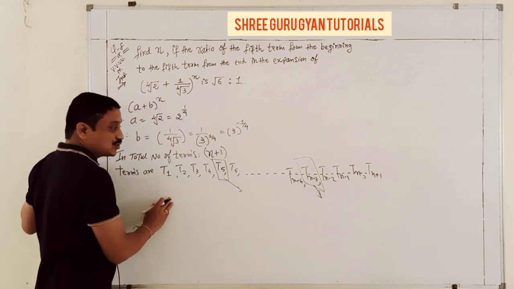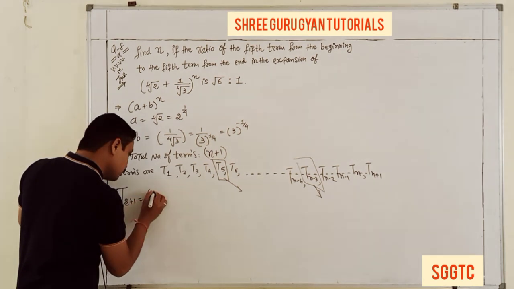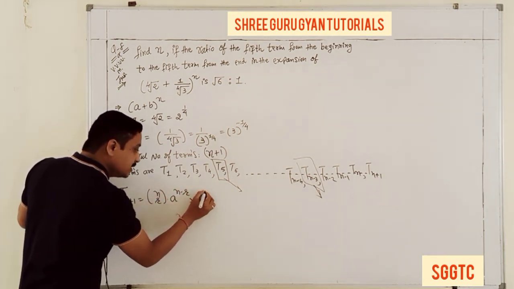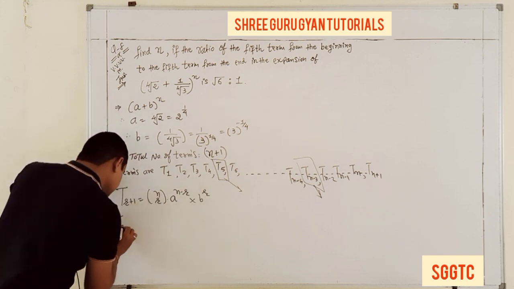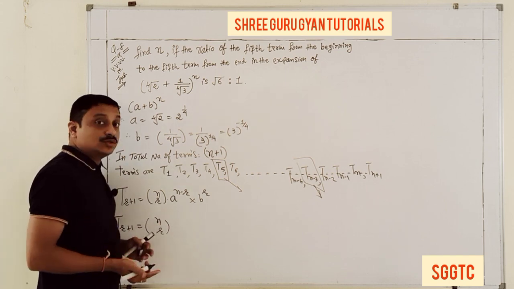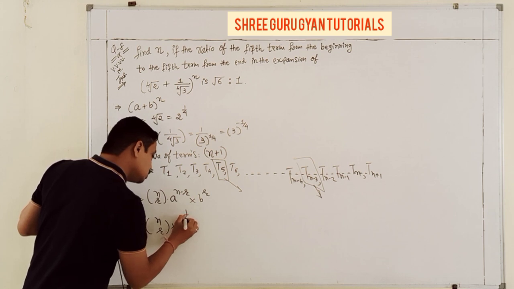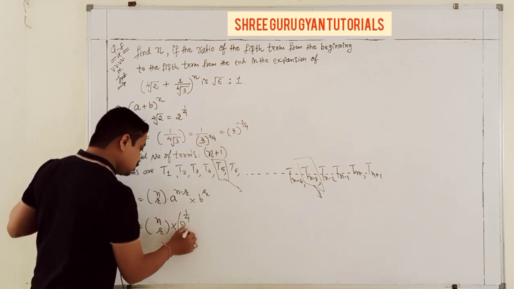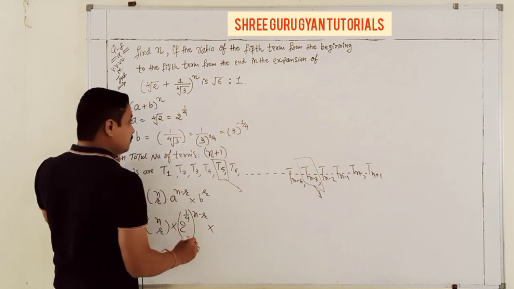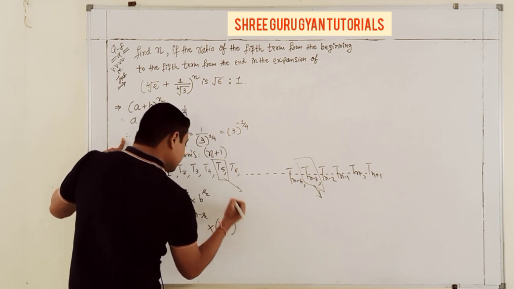So first of all I convert into the general term. T(r+1) is nCr a raised to n minus r, b raised to r. Here n is unknown and r is also unknown. A is 2 raised to 1/4, raised to n minus r as it is, but b is 3 raised to minus 1/4, raised to r.